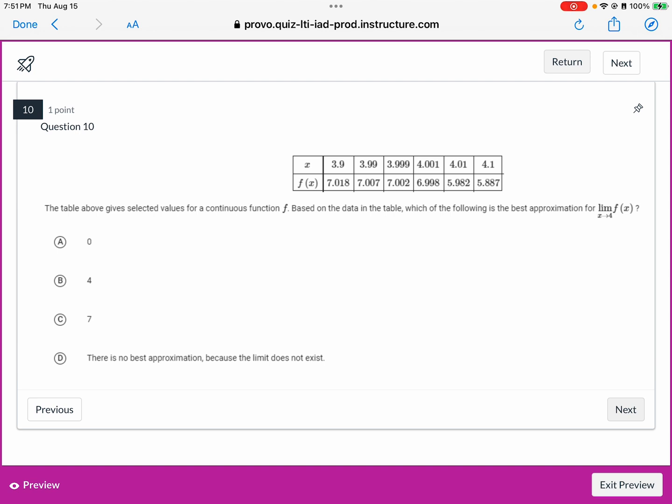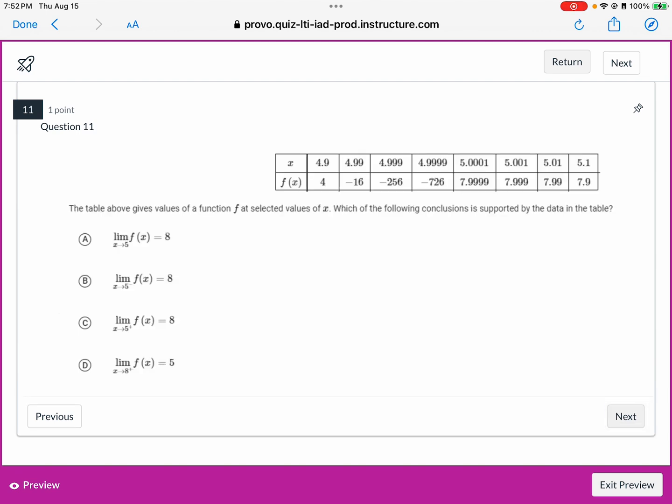There is no best approximation because the limit does not exist. We said earlier in class today that you want to be careful with tables because they don't give a complete picture, but it does look like it's safe to assume here. So just use the table to evaluate it, and I think you guys got it.